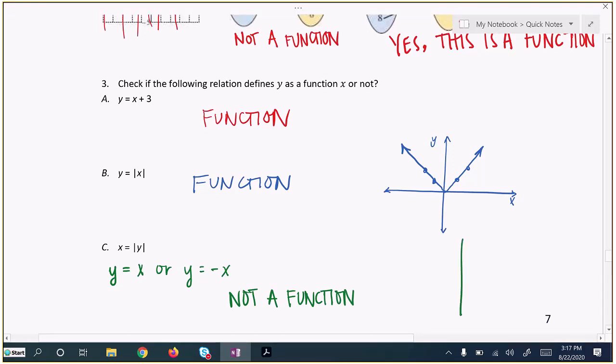And if we thought about its graph, then it would look like this, where we'd have 1, 1 and 2, 2, but we'd also have 1, -1 and 2, -2, and this would clearly fail the vertical line test.